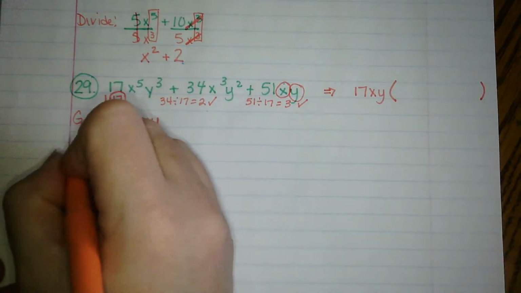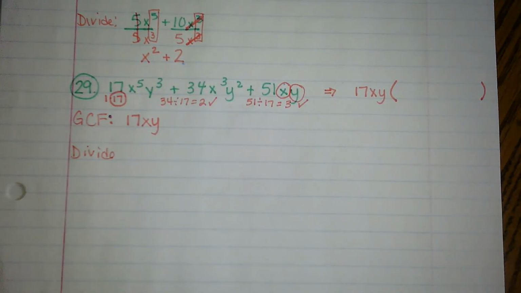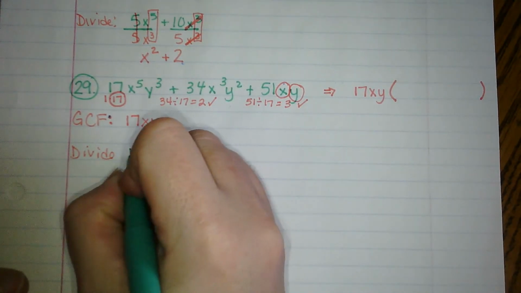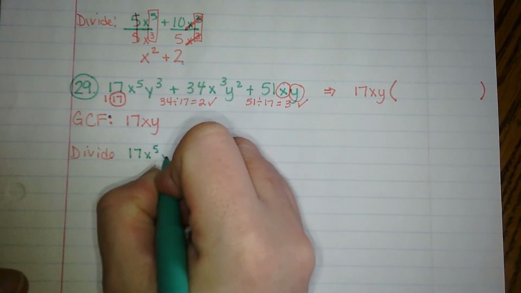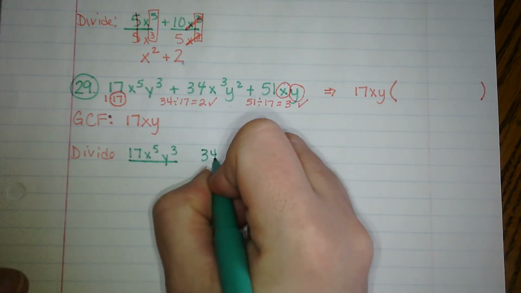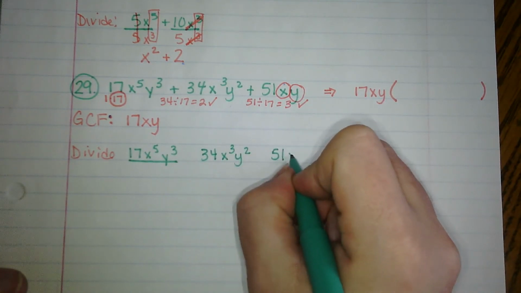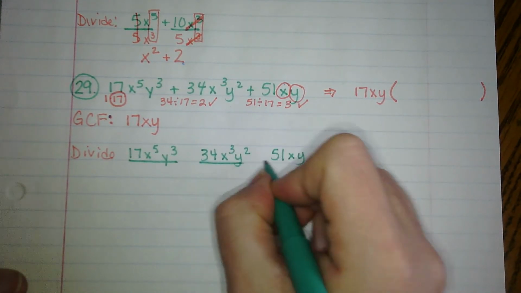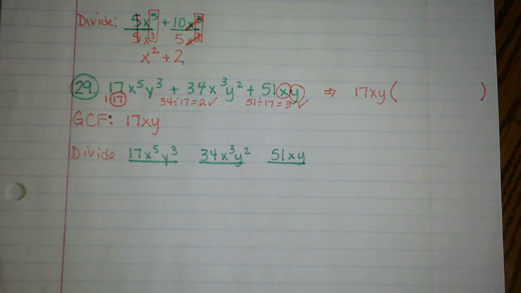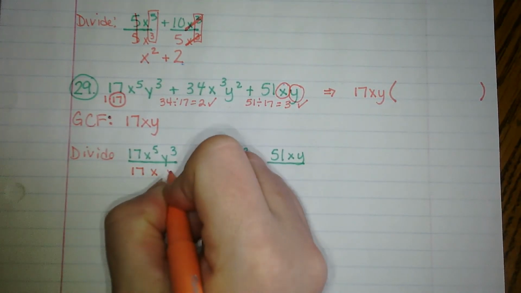Now I divide. This is my divide step. I've got to divide all this by my GCF. So I'm going to take 17x to the 5th, y to the 3rd, 34x to the 3rd, y squared, and 51xy. And I'm dividing each of them by my GCF, which is 17xy.